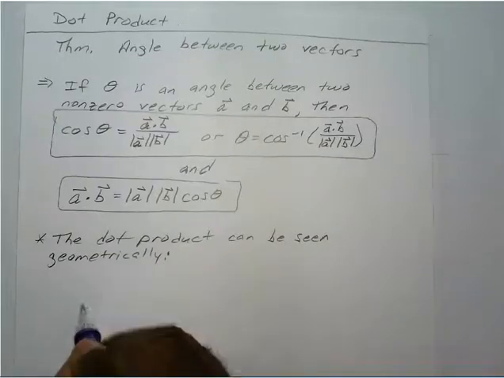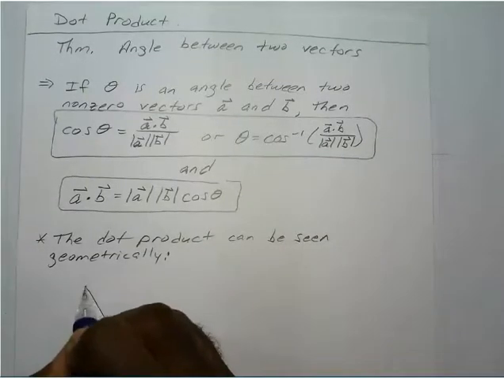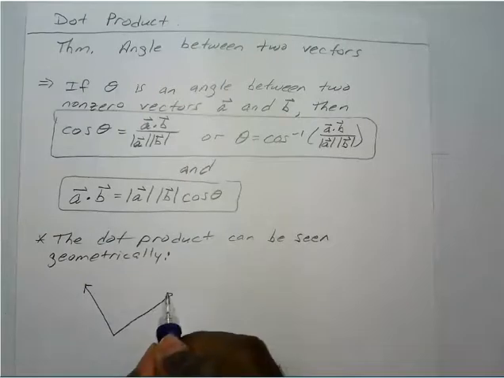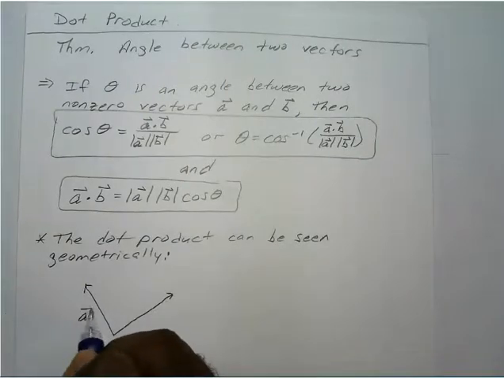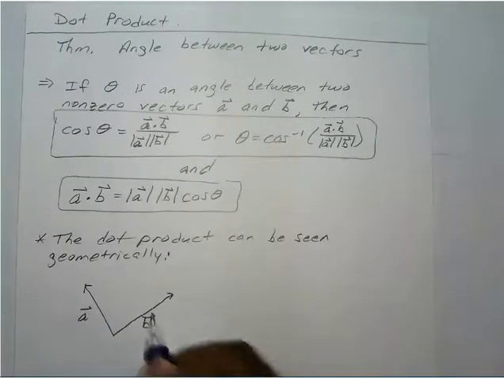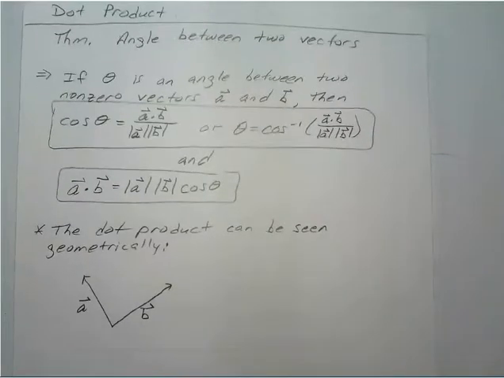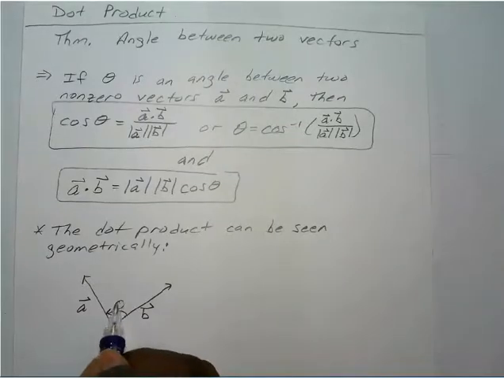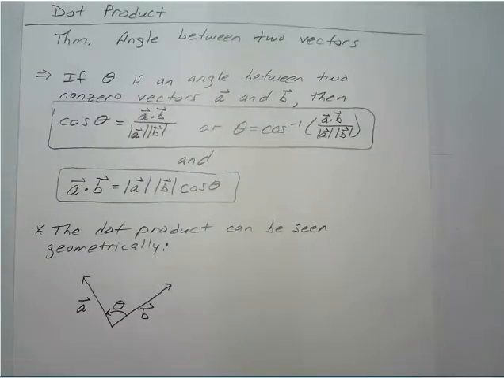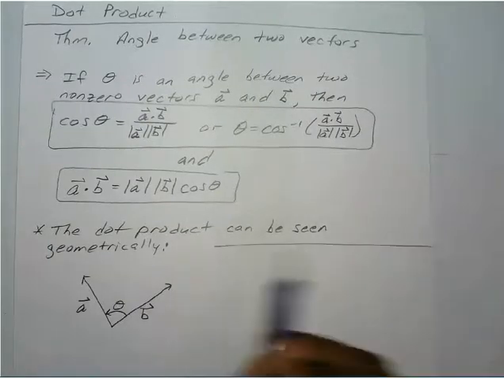Let's say this is vector A, and this is vector B, and this is the angle between the two. Some of you may be thinking, isn't this pretty close to just adding them? Not really.